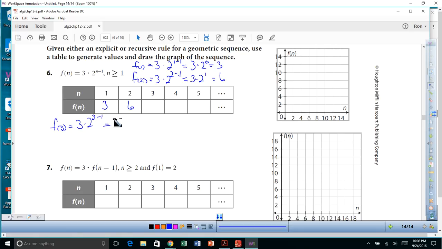I was about to mess that up. 3 times 2 squared, which is 4. That gives you 12. All right. f of 4 is 3 times 2 to the 4 minus 1, which would be 3 times 2 to the third power. 2 to the third power is 8. 3 times 8 is 24.